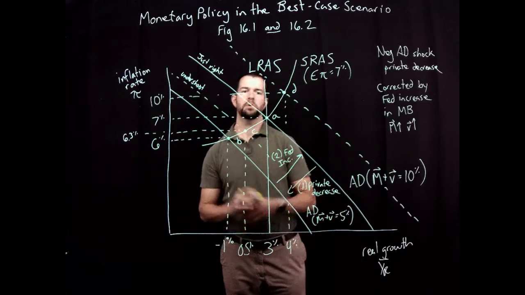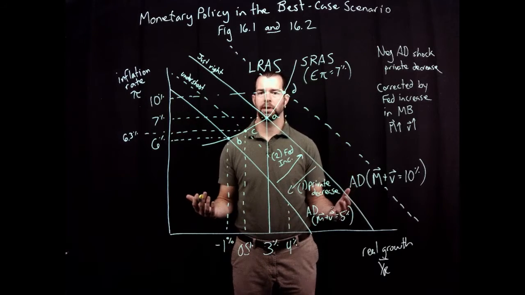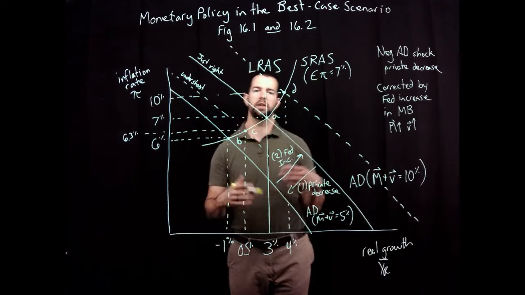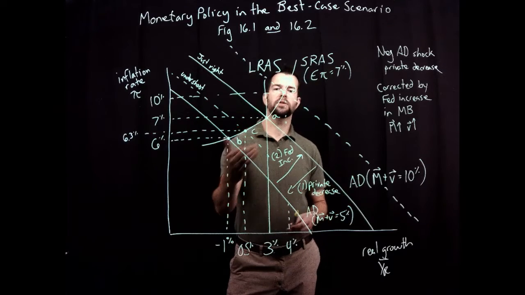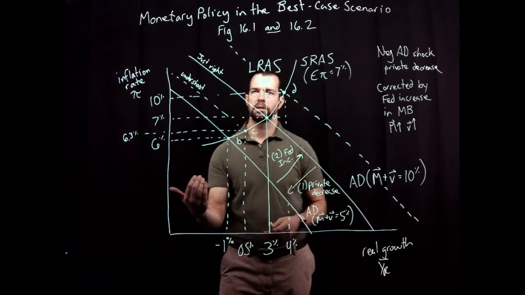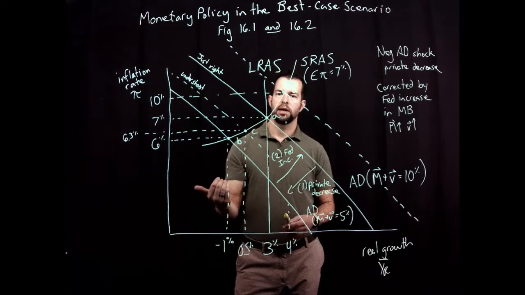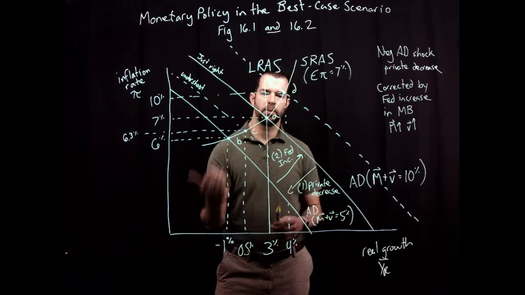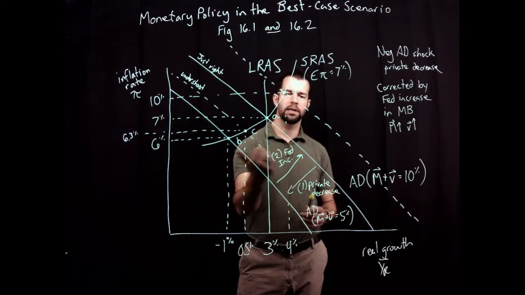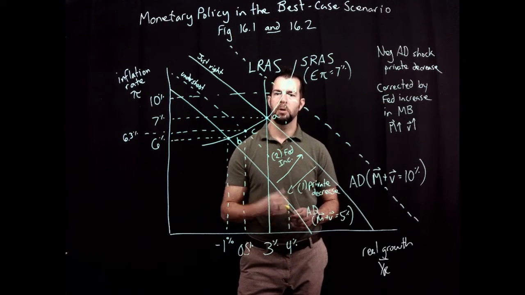So remember, Goldilocks is a fairy tale, and so for the Fed to have the knowledge of exactly how far to the left aggregate demand has shifted, and to be able to react in the right time to have the appropriate level of increase, is very rare.